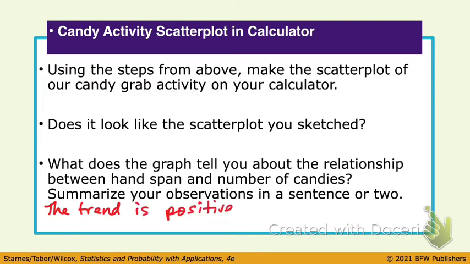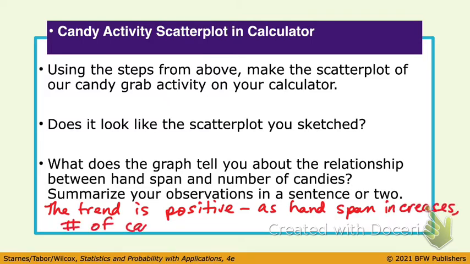That means as hand span increases, the number of candies picked up also increases. So we have a positive relationship. Both of them are increasing together. Okay, so that's how we make a scatter plot in our calculator.